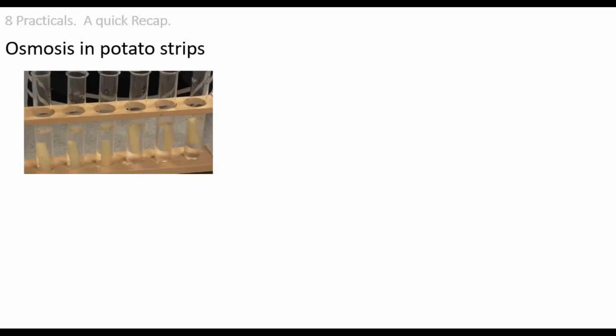So what you did in school is that you have potato strips, as shown here, and they're placed in different concentrations of solutions, okay? And as you can see here, we are using a sucrose solution. However, it can be a salt solution, okay? And it doesn't have to be potato strips, but we're just investigating osmosis.